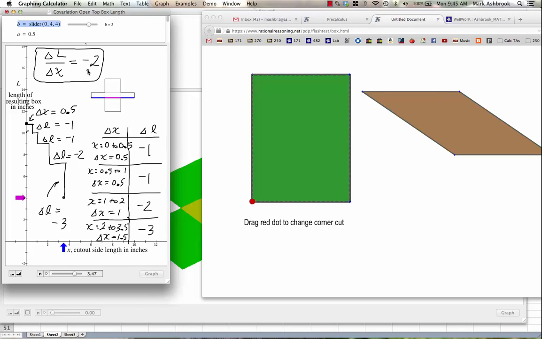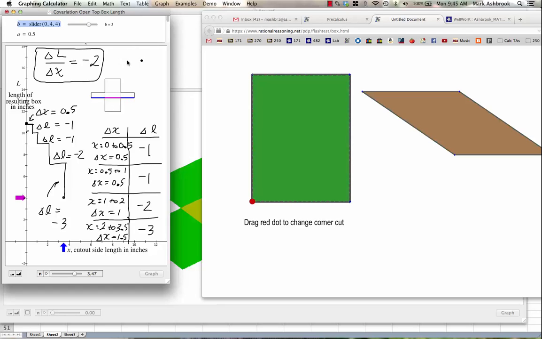Do you remember what the third one was? Constant multiple. So tell me in this situation what that's about.